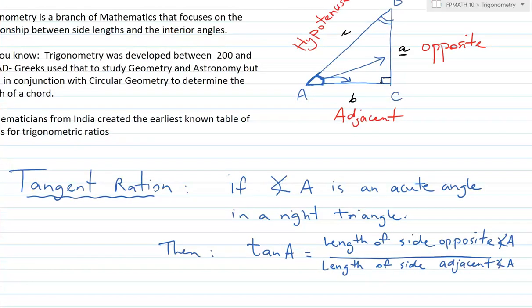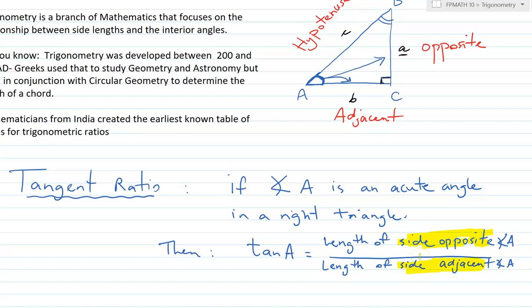Okay, so the first ratio is called the tangent ratio. Here we go. First we have to make sure that angle A is an acute angle, that means less than 90 degrees, and it is in a right angle triangle. That's the first assumption that you must have. The next thing is, what is tangent of angle A? Tangent of angle A is the length of the side opposite to angle A, divided by the side adjacent.